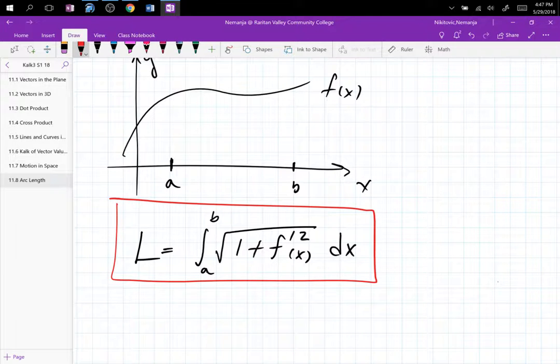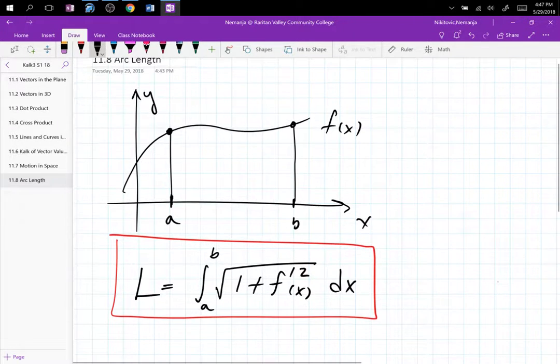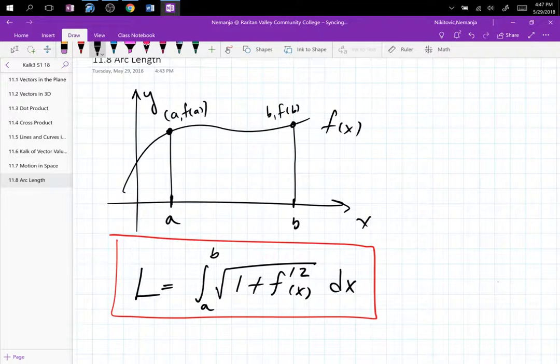Now, where did this come from? Well, it actually came from the Pythagorean theorem. If you take 2 points and you consider the growth in y in terms of x, this small piece we can enlarge here.